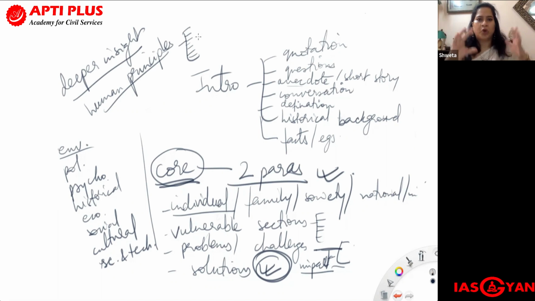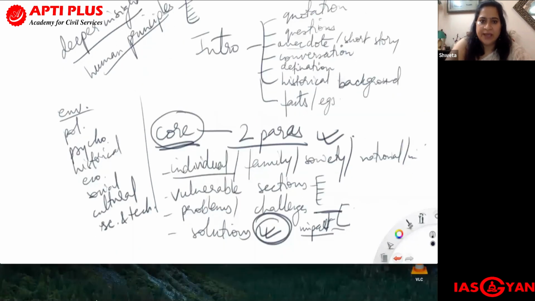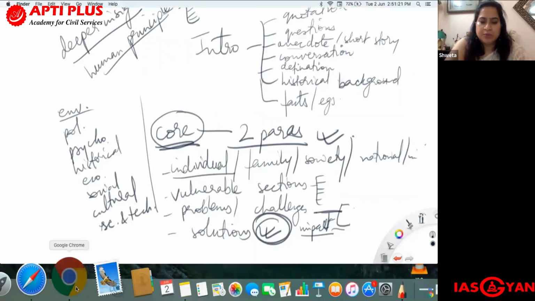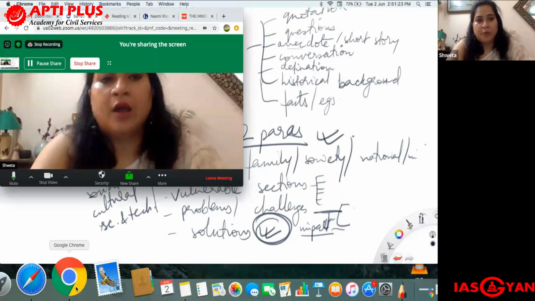The broader human principles which keep us together, which bring us together, reflect from that perspective as well. And after reflecting from those perspectives, I would encourage you to bring in the insight of the topic and start building upon the content accordingly.